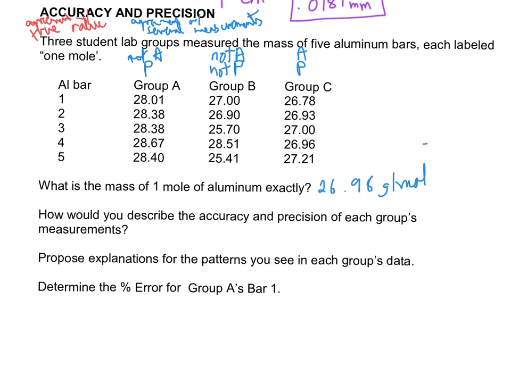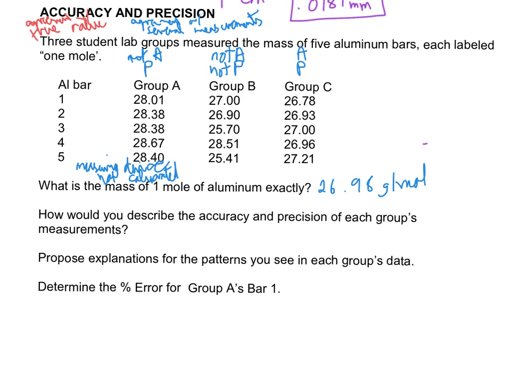In this case, they're only massing it, so it looks like our measuring device or scale is not calibrated. That would not be a good source of error, but in this case it is. You should always calibrate your equipment before you start.